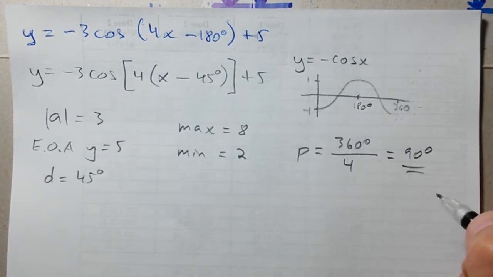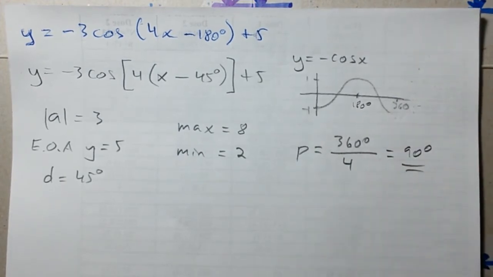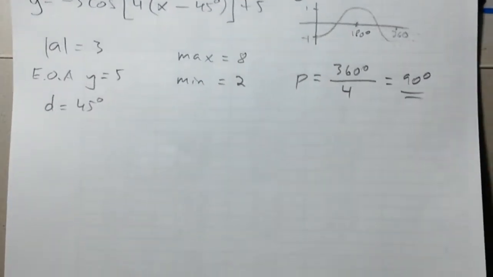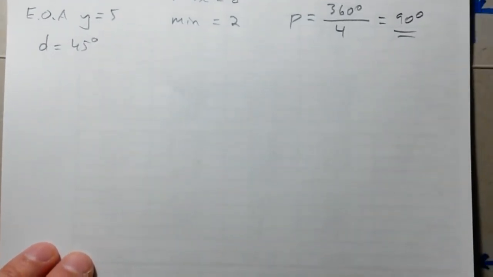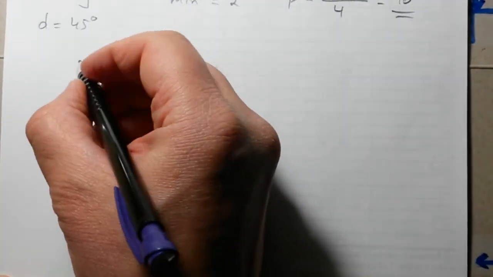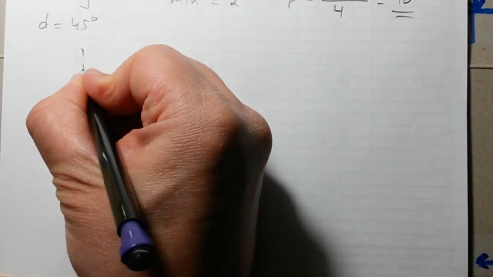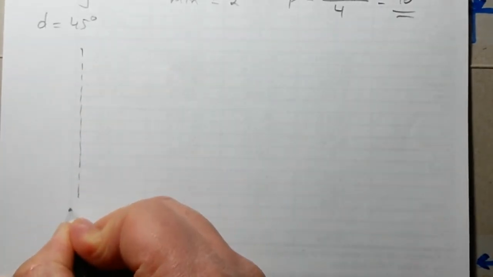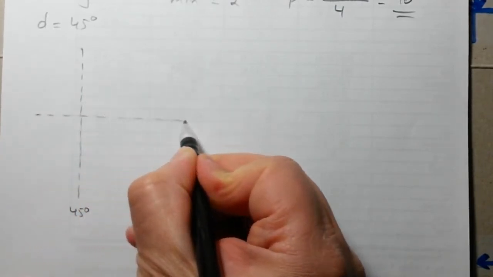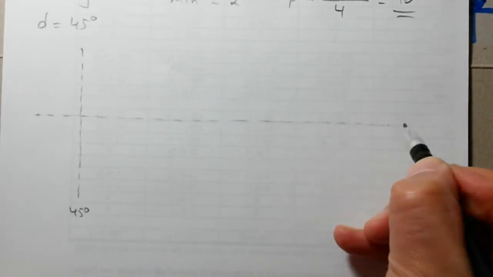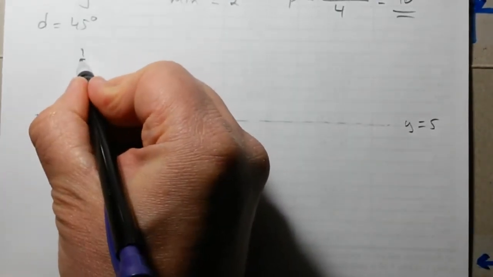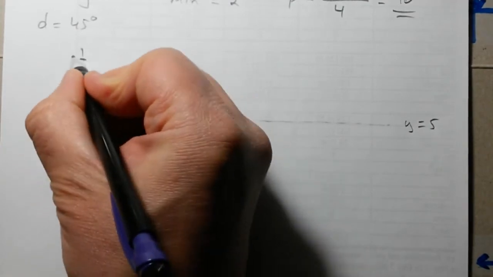Okay, so now we've got everything that we need in order to sketch this. So let's begin by drawing the x value of where the equation is going to start. So that starts at 45. So I'm going to put it here. And that's 45 degrees. And halfway, we're going to draw our equation of axes, which is y equals 5. The maximum value is 8.